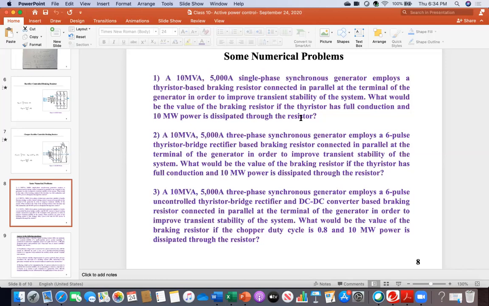So the equation will be S equals root 3 VL IL, apparent power equals root 3 times line voltage multiplied by line current. By using that equation you get the VL value, the line voltage, first. So write the first equation, S equals root 3 VL IL, the equation for three-phase apparent power.